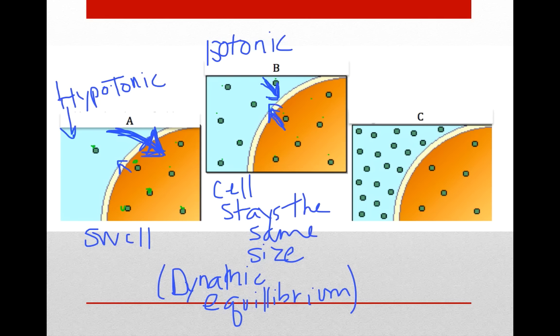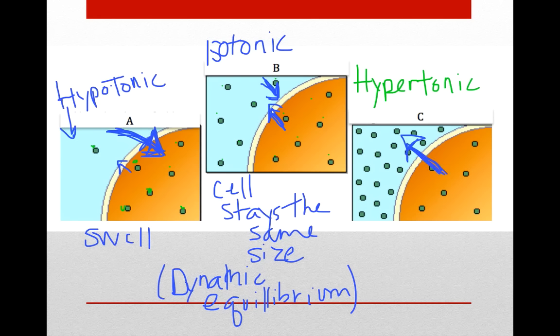Now in letter C, you can see that the solution in the blue is much higher concentration than inside the cell, which is the orange area. So this is called a hypertonic solution, which means there's going to be a net movement of water out of the cell.